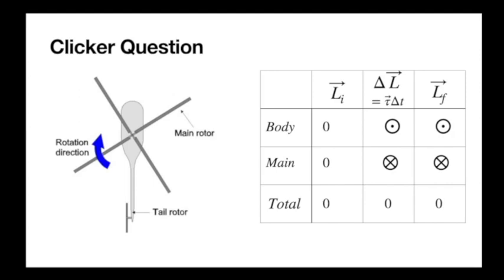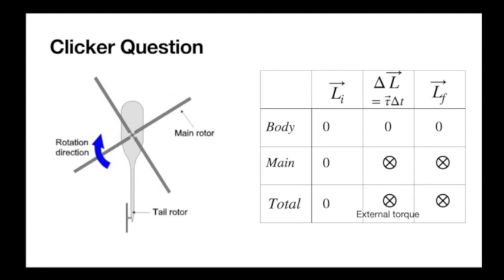And what change to this momentum chart do we need to make in order to allow the body to stay with zero angular momentum the whole time, which is what we want, right? We don't want any rotation from the main body. And so to do that, if we enforce that the top must be all zeros, then the only thing that's left is that there must be some external torque, right?